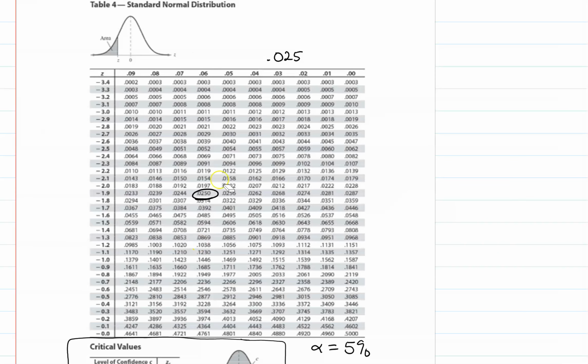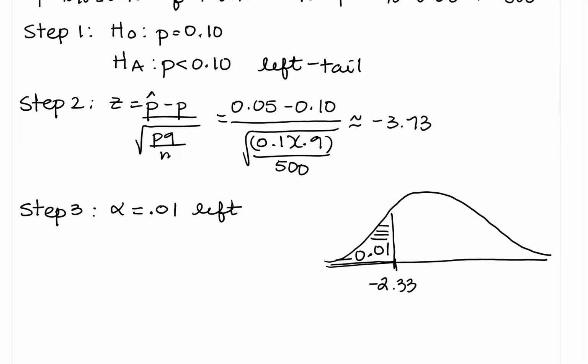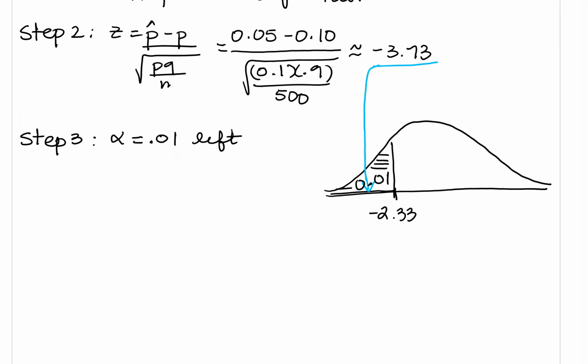When I look at my statistics table, you're looking for 0.01, or the closest that we can find to that. We find 0.0099, that's close to what we need, which gives us a critical value of negative 2.33. So our critical value, we put that into this picture, negative 3.73 is smaller than negative 2.33.